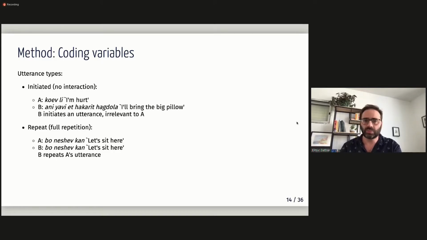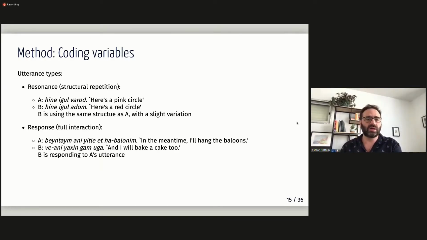So A says "let's sit here," and B says "let's sit here." So B repeats A's utterance. We had resonating utterances, which is a structural repetition. So A says "here's a pink circle," and B says "here's a red circle."